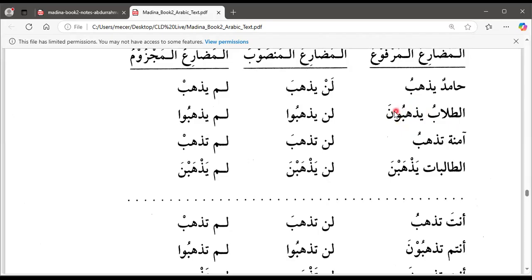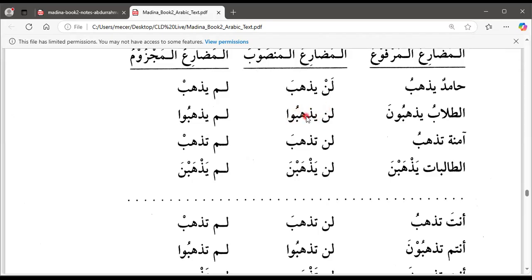So yadhabuna. What if we bring lan, adat nafi with mustaqbal? It becomes lan yadhabu. So what do we say?